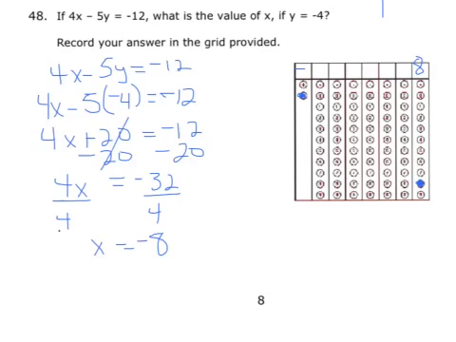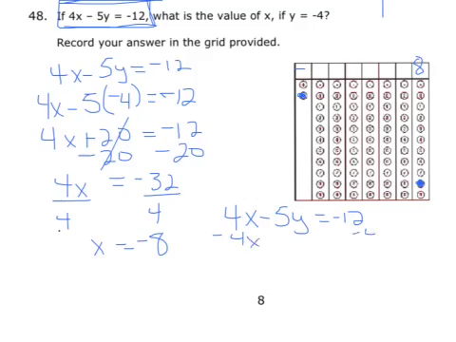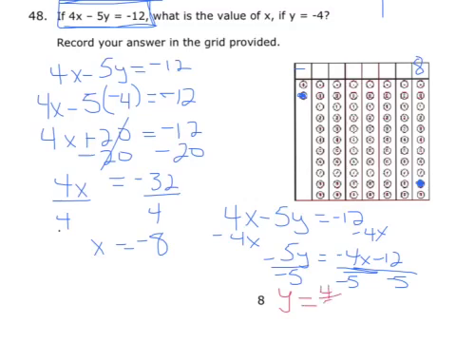Now, the other way to do it is to change this equation into slope-intercept form. So we have 4x minus 5y equals negative 12, and divide everything by negative 5. I end up with y equals 4/5 x plus 12/5.